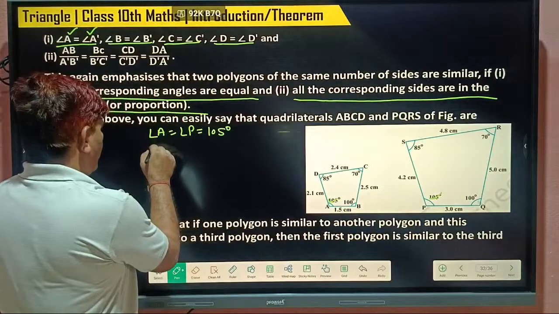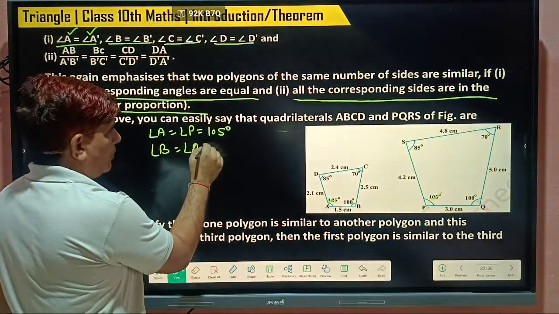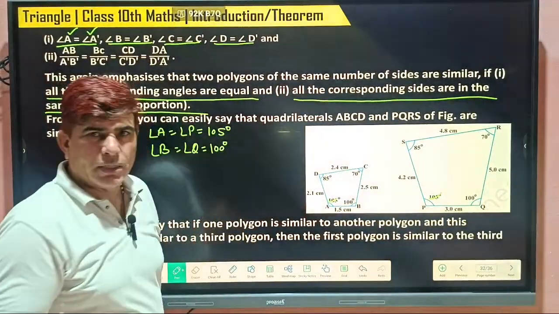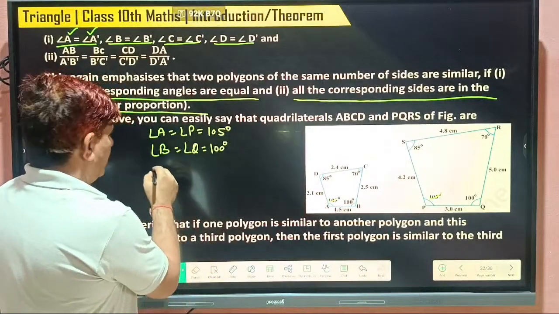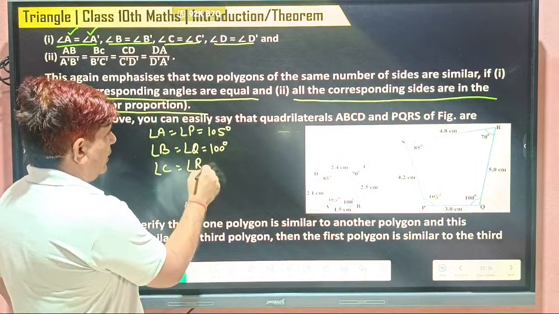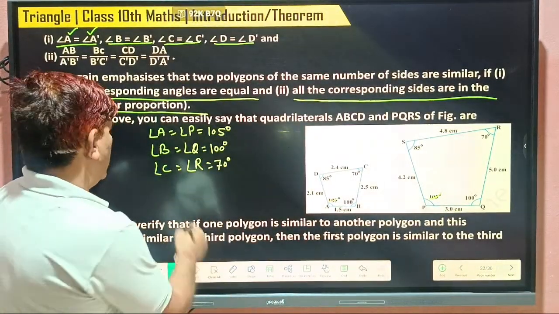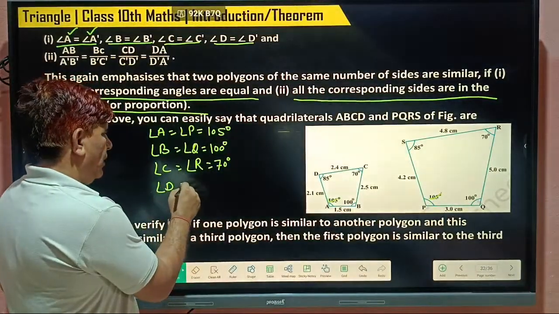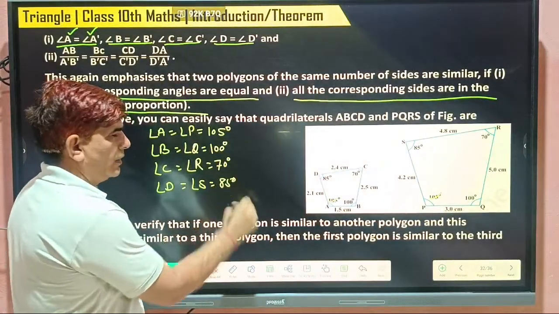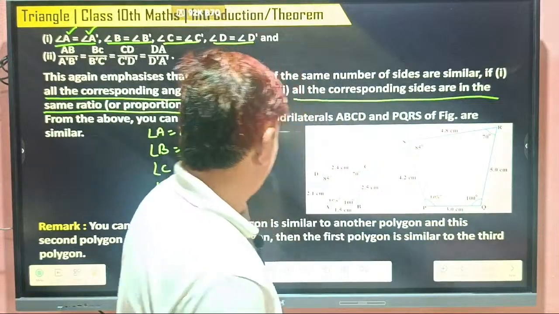Angle B equals angle Q, 100 degrees. Angle C equals angle R, each equal to 70 degrees. Angle D equals angle S, 85 degrees. It means the angles are equal, satisfying the first property.